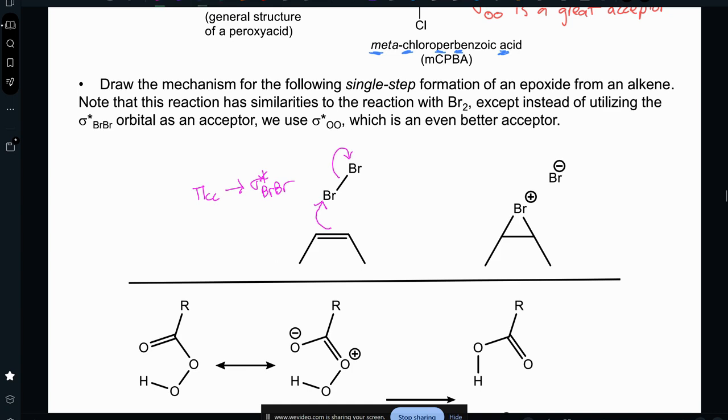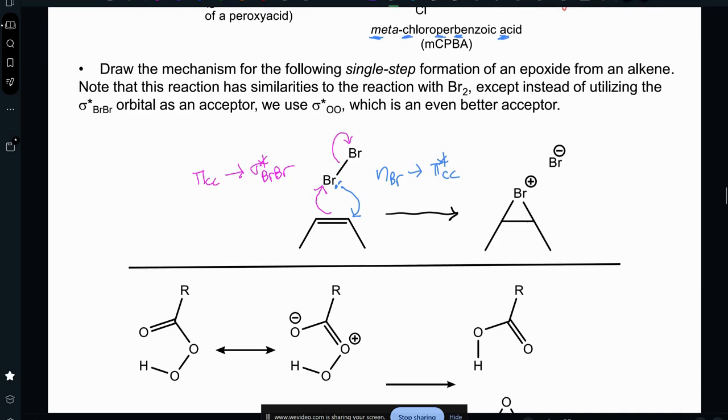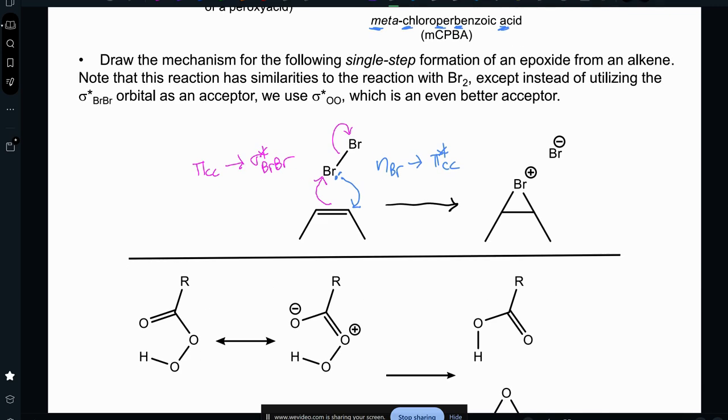Well, at the same time, we had the counterattack of the bromine lone pair attacking pi star CC. All right. So this is a reaction that you've seen before, and MCPBA is going to take advantage of a similar pattern in reactivity.